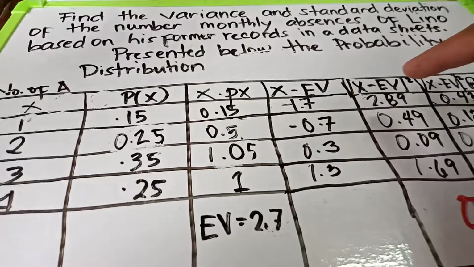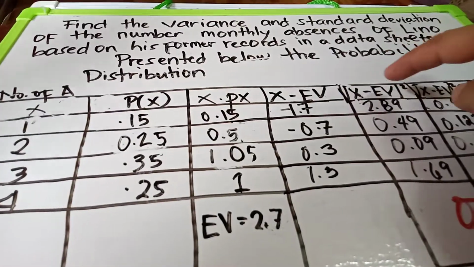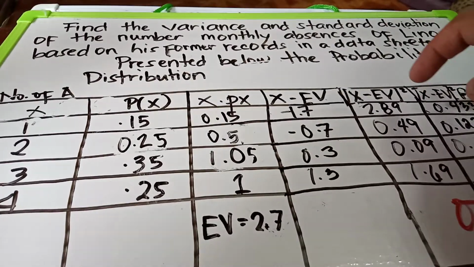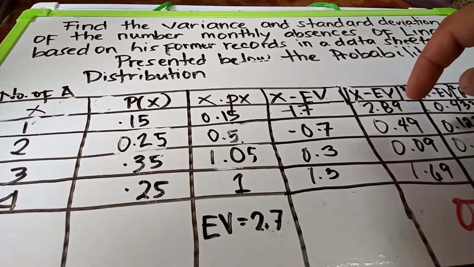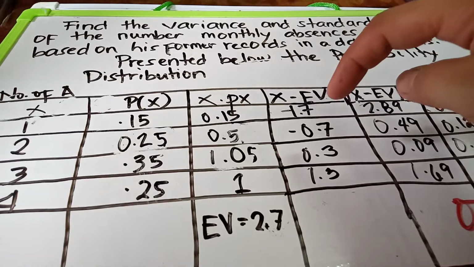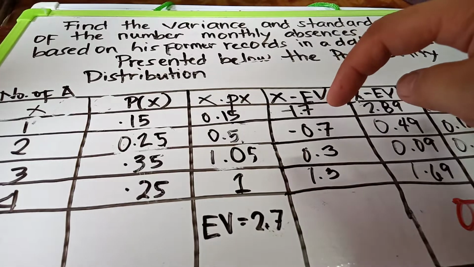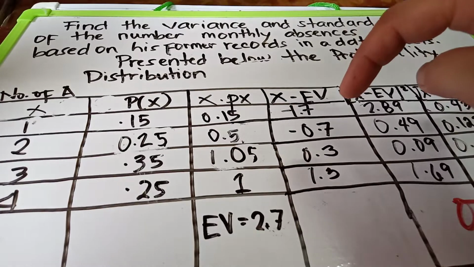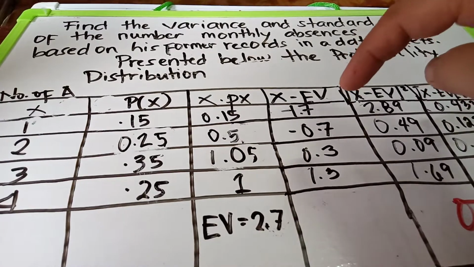How do we get x minus the expected value squared? We square these. Negative 1.7 times negative 1.7. We know that negative times negative becomes positive.